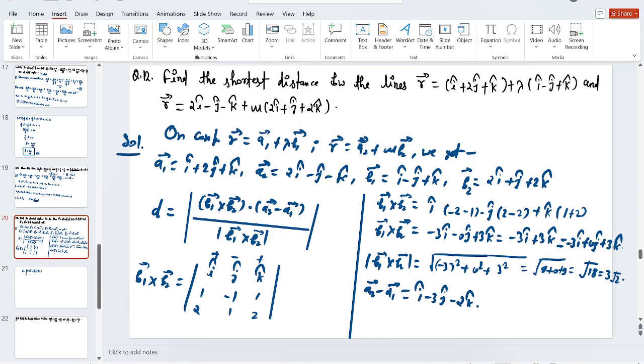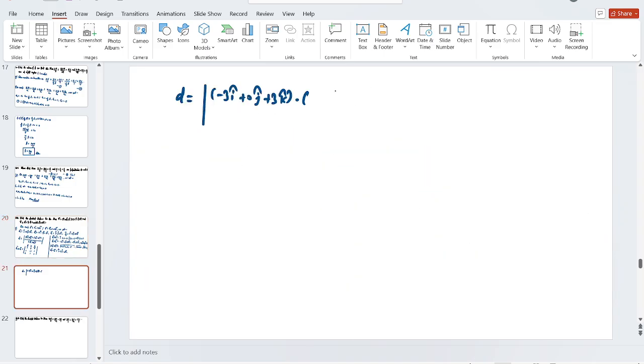Vector a2 minus vector a1 is i cap minus 3 j cap minus 2 k cap.